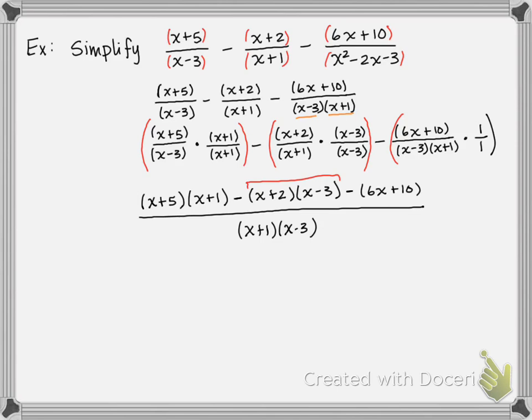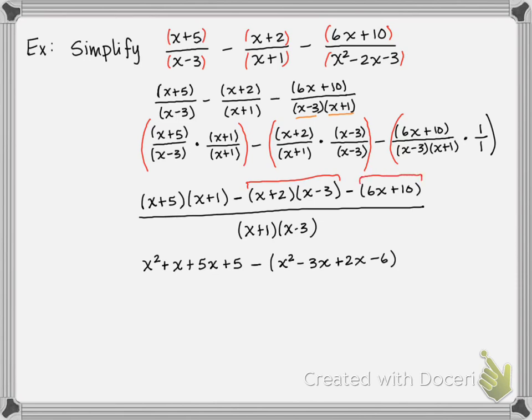We haven't distributed the negative yet, so the result is going to stay in parentheses. So we have x squared plus x plus 5x plus 5 minus x squared minus 3x plus 2x minus 6.